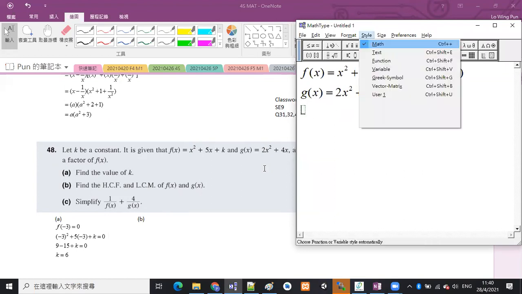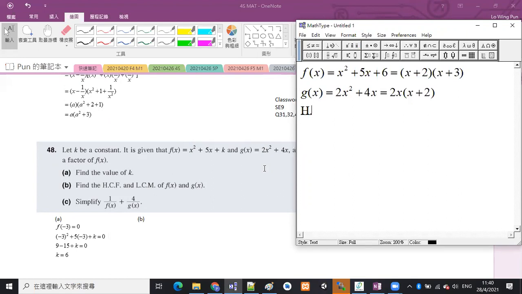Okay, and then I think you may write down the HCF and LCM immediately. The 2 is already a prime number, so you cannot break it down further. HCF is the common factor. In this case it should be only x plus 2.